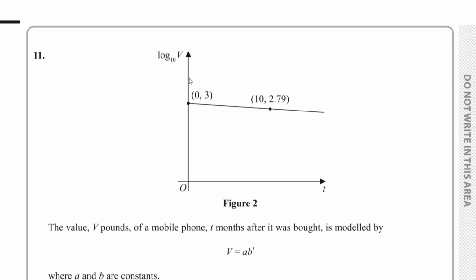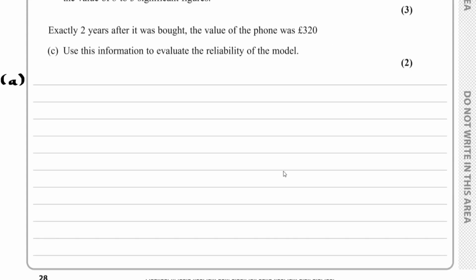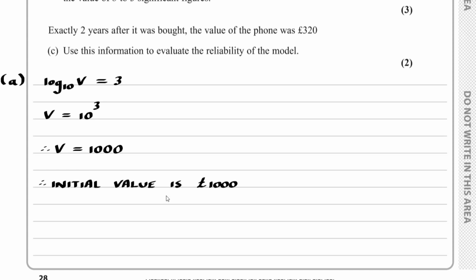We know along the log base 10 v axis, the line passes through 0, 3, which means we have log base 10 of v equals 3, and we need to find out what v is. So v is equal to, if we antilog, 10 to the power of 3, which is 1,000, which means the initial value is £1,000.